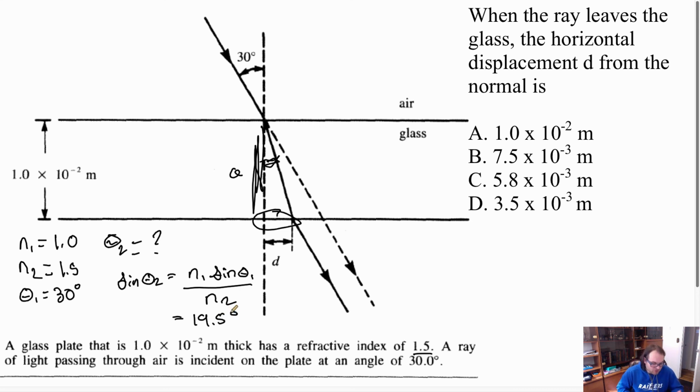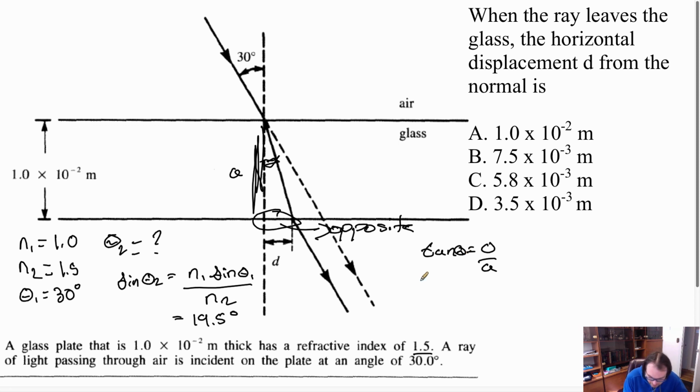So now, using this, I could use just simple trig. We know we're trying to find my opposite here. I know my adjacent, and we know my angle. So in this case, I'm going to use tan, which is equal to opposite over adjacent. Okay, so tan is equal to opposite over adjacent.